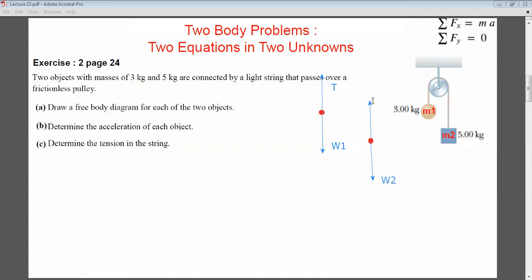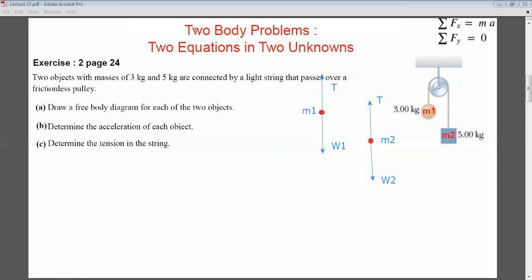And this is also just tension. No other forces. So these are the forces acting on the two objects. This is M1 over here, and this is M2 over here. Okay, so we drew the free body diagram.